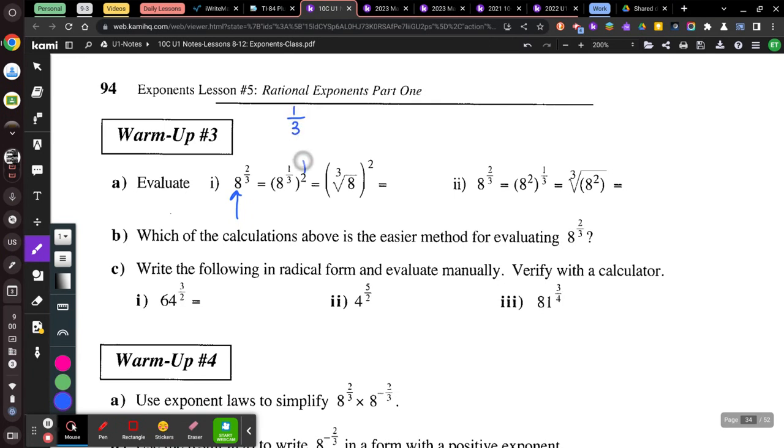This right now means my 2 has to multiply in. So if I'm taking 2 and I'm multiplying it by 1/3, what's actually happening is this, 2/1. So you multiply top numbers, multiply bottom numbers. So that's going to become 2/3.